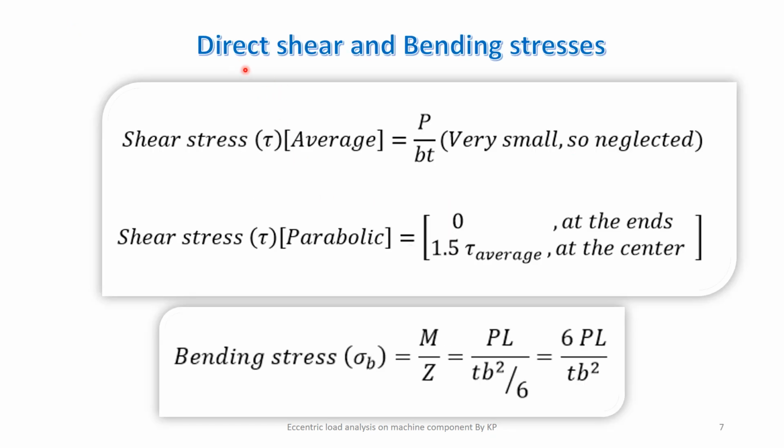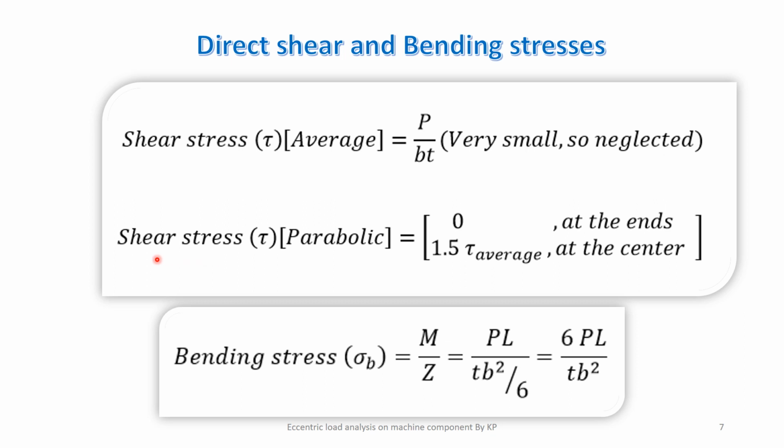So here we find the direct shear and bending stresses due to shear load at the center. The average shear stress, which we call tau average, is equal to load divided by area. The load is P and the area of cross section is BT. So P over BT is the average shear stress, and we see that the value is very small, so we can neglect it.